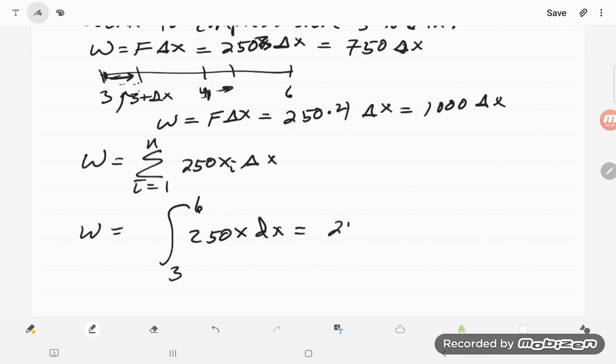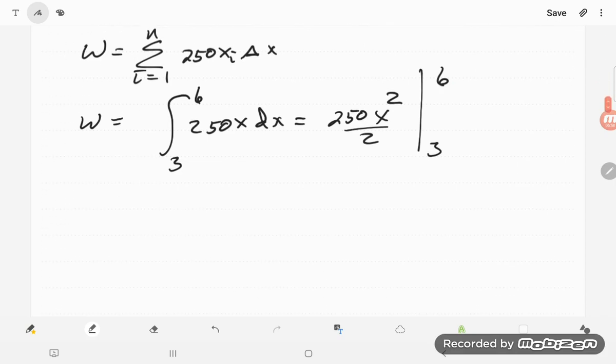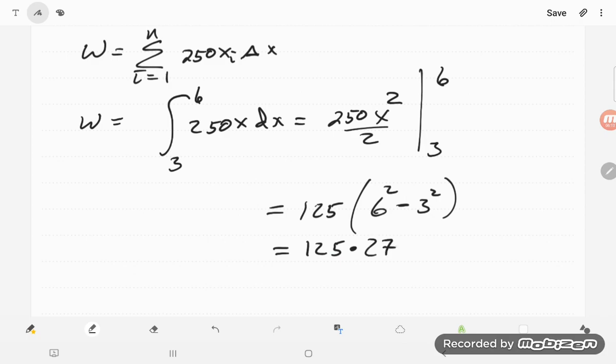We get 250 x squared over 2 from 3 to 6. And 250 over 2 is 125. So this becomes 125 times 6 squared minus 3 squared. So that's 36 minus 9, which is 27. So we get 125 times 27.